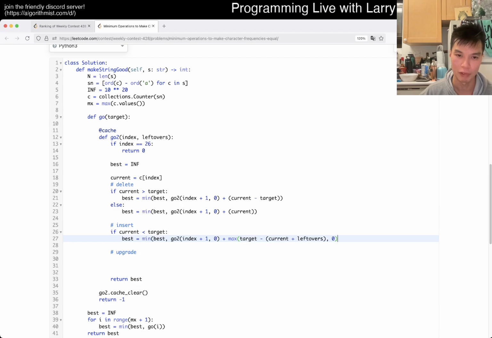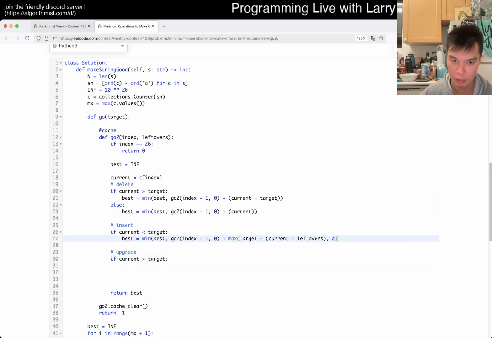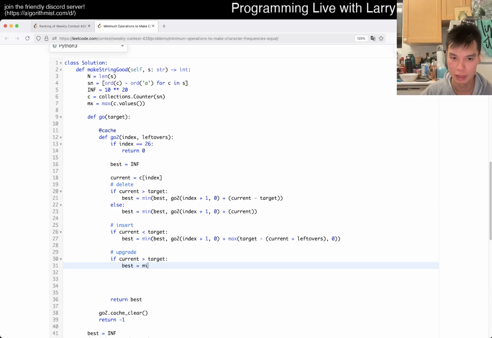Yeah, and then upgrade is just, oh yeah, it's basically delete, really. We only want to upgrade if current is greater than target. I think I missed a thing. Okay, if current is greater than target, then we want to upgrade. So same as delete, maybe.